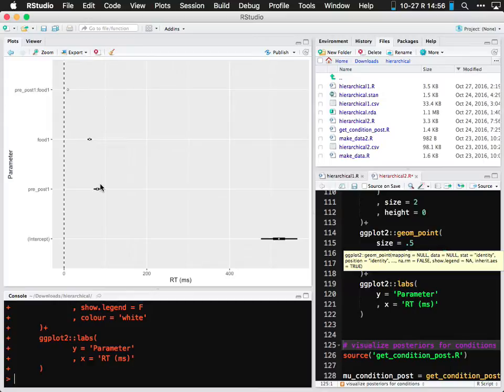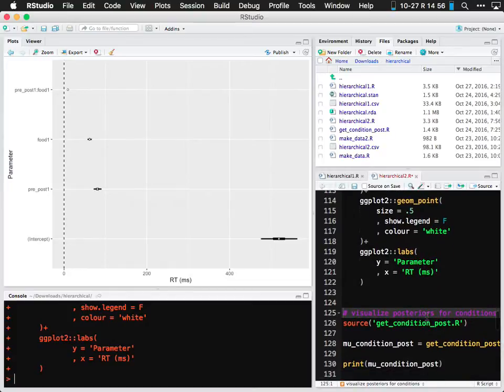So this shows our main effect for pre-post, our credible interval on it, our credible interval on the main effect of food, and the credible interval on the interaction. It's really small, so you can't really even see it very well. So I maybe wouldn't bother showing this visualization. I'd just rely on the verbal description of the credible intervals of each of them.